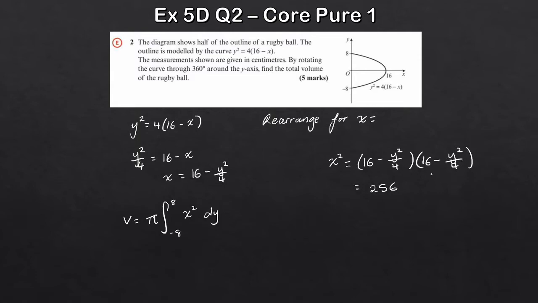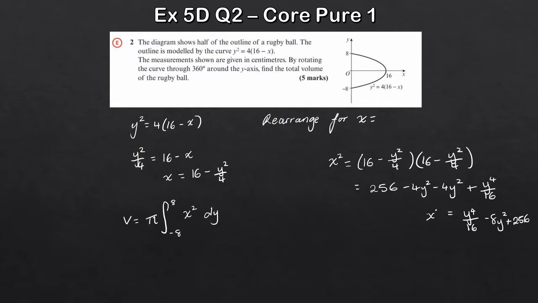So that gives you minus 4y squared. You do it again here, so I give you another minus 4y squared. And then finally you get a positive y to the 4 over 16. So this can be simplified as y to the 4 over 16 minus 8y squared plus 256. Okay, so that's my x squared.